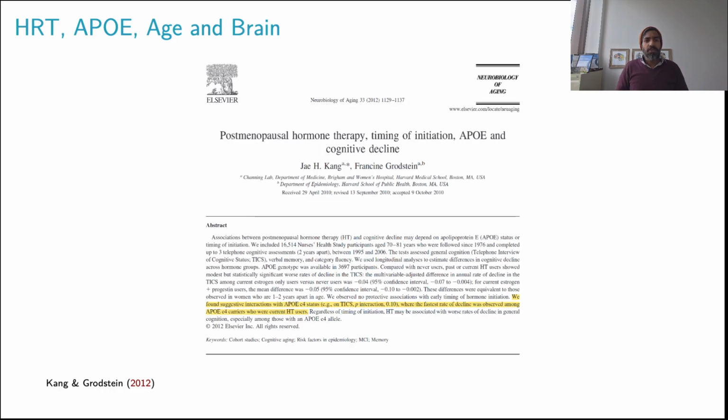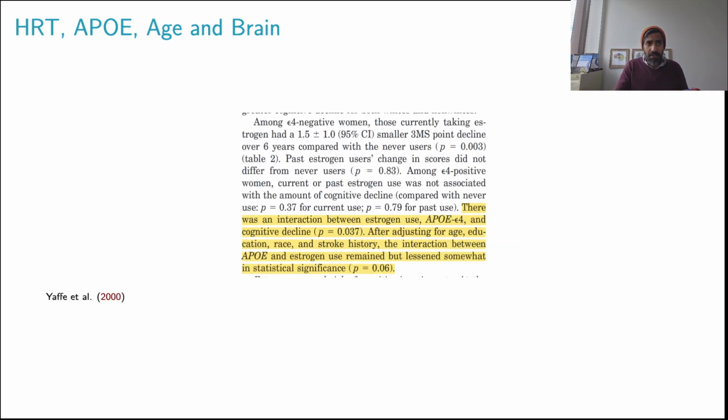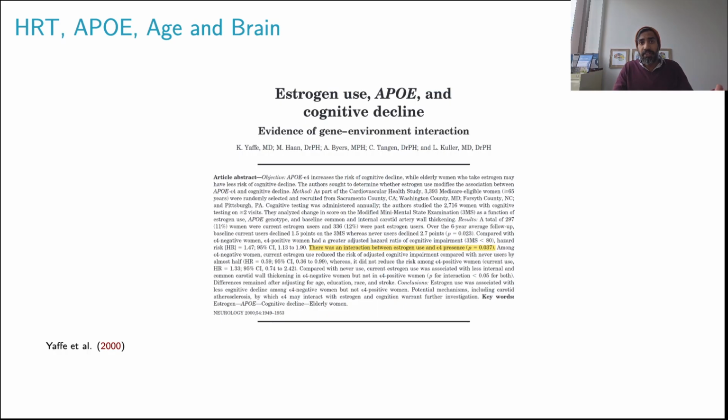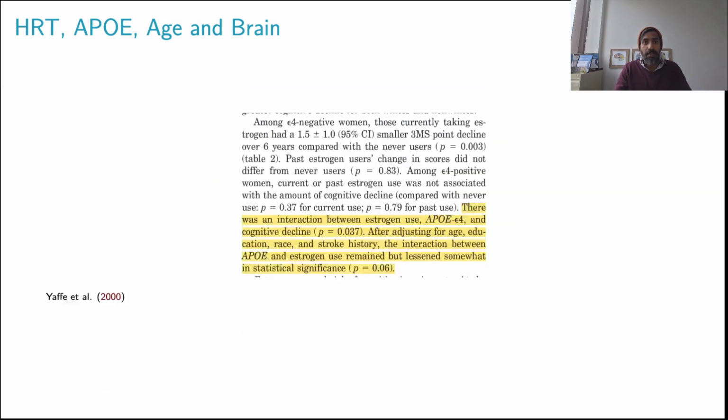And what I found interesting is that when you look at these papers closer, you find that actually the findings seem to align with what I found. Let me explain. Whilst in the first study, the abstract says there was an interaction between hormone replacement therapy use and ApoE status, in the paper, it says there was an interaction between hormone replacement therapy and ApoE status and cognitive decline, and they report that p-value that we saw in the abstract.